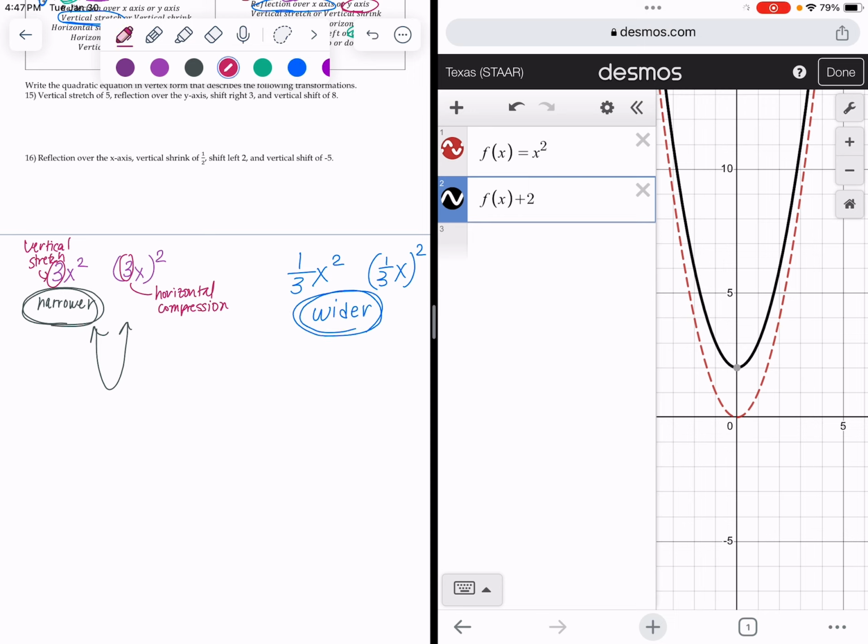But in this case, we're going to call it a vertical compression, and in this case, we're going to call it a horizontal stretch. Because the 1/3 scale factor is inside the parentheses, and here there isn't parentheses, so it's technically outside.